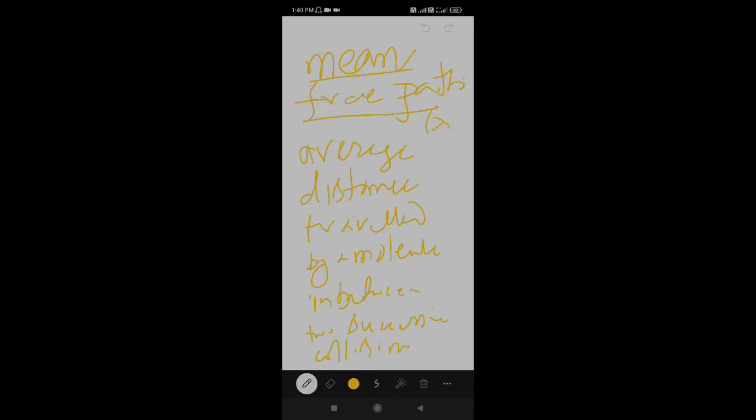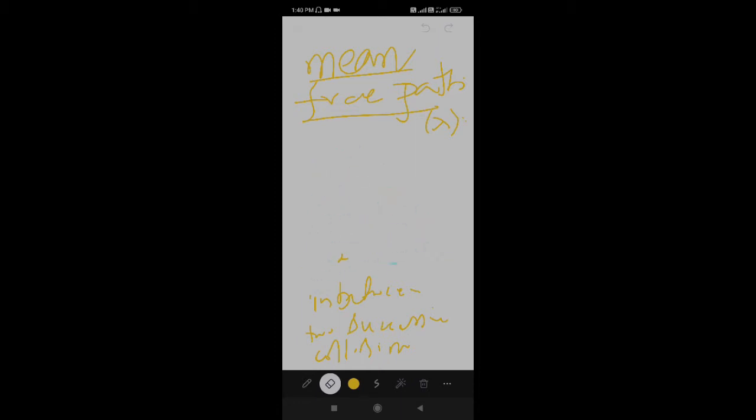We denote this with lambda. All of you know that. What is mean free path? It is the average distance traveled by a molecule in between two successive collisions. This is about the mean free path.